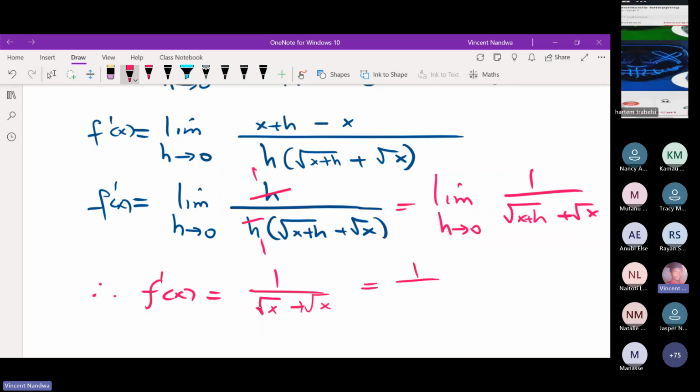So what is root x plus root x? 2 root x, which you can rationalize by multiplying by root x. So we'll get root x divided by 2x.